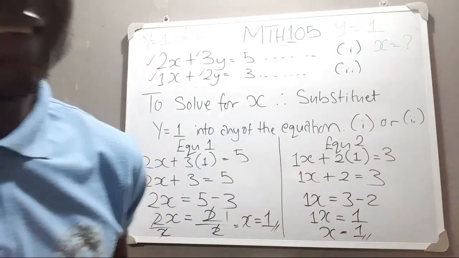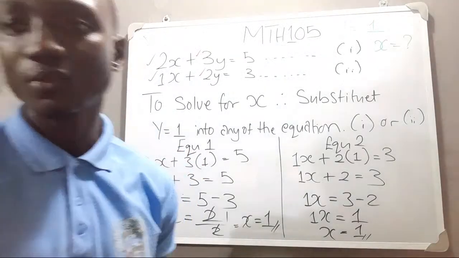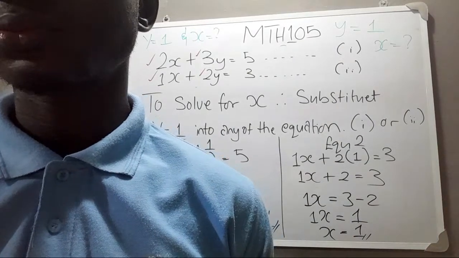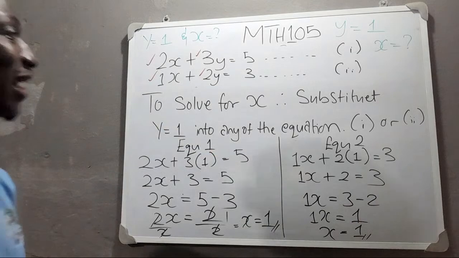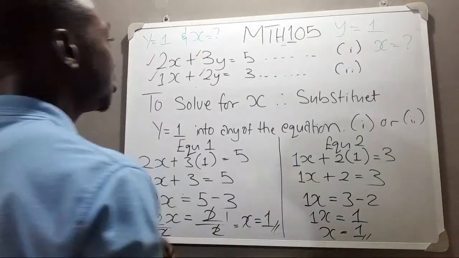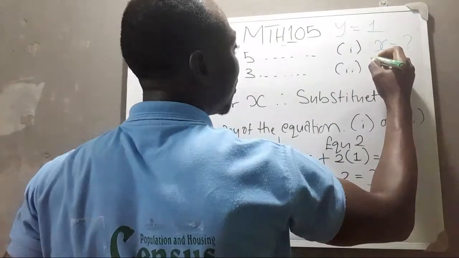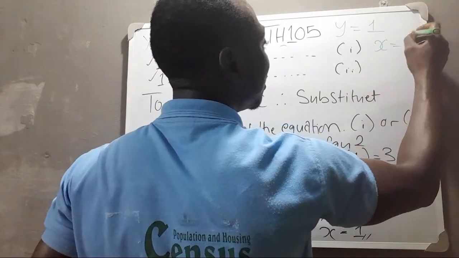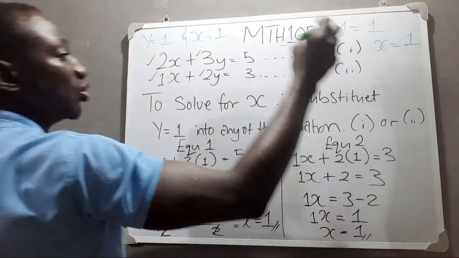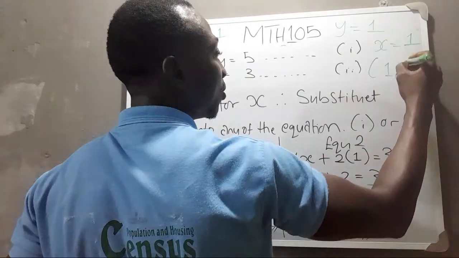I believe that is clear enough. So to answer our question, solving simultaneously, y is 1 and x is 1. So our answer is 1, 1.